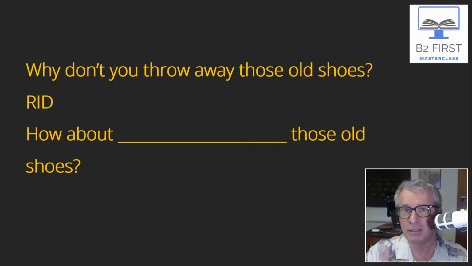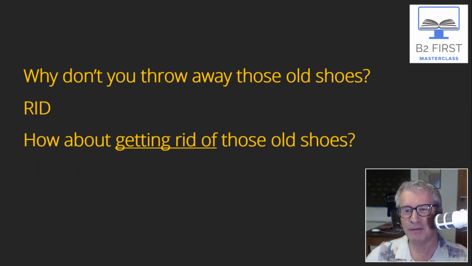If you do, don't forget the grammar rule about verbs following prepositions, because "about" is a preposition. So if you do know that phrasal verb and you do remember that rule about gerunds after prepositions, you should have: how about getting rid of those old shoes. To get rid of is to throw something away, and you need to make it a gerund and a double T to get the correct answer. So 2 points if you got that completely correct.